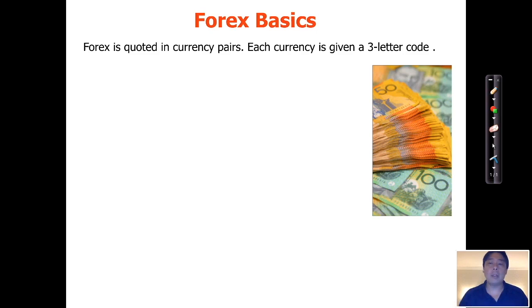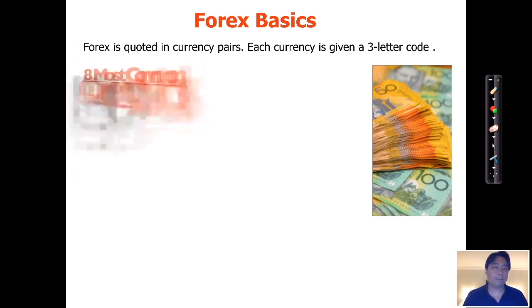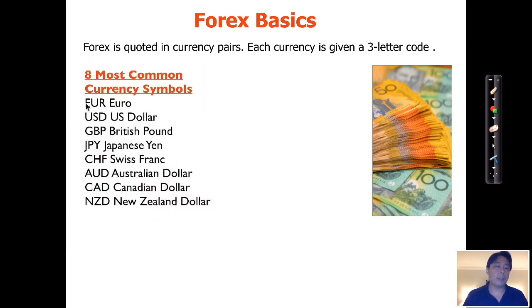And each currency is given a 3-letter code. So this is something that you have to memorize. EUR is the euro, USD is the US dollar, GBP is the Great British Pound, JPY Japanese yen, CHF is the Swiss franc, AUD the Australian dollar, CAD Canadian dollar, and NZD the New Zealand dollar.